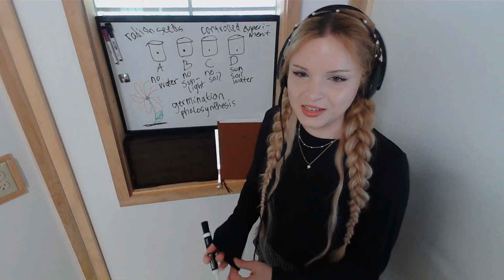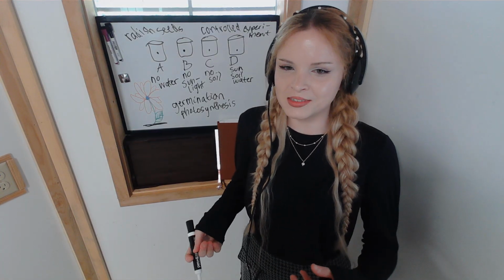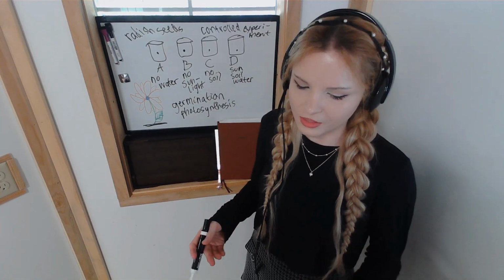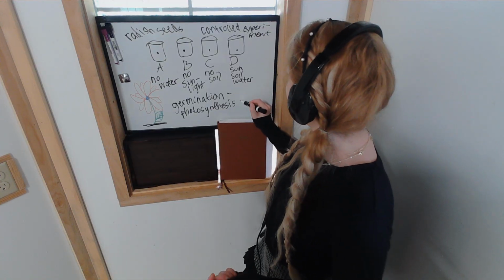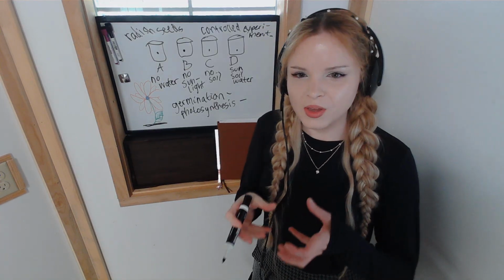And that is a great way to introduce students to the concept of hypotheses and asking questions and testing. And here we have our controls and all that fun stuff.